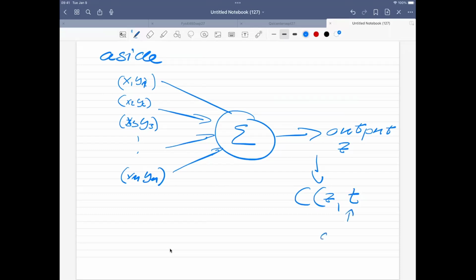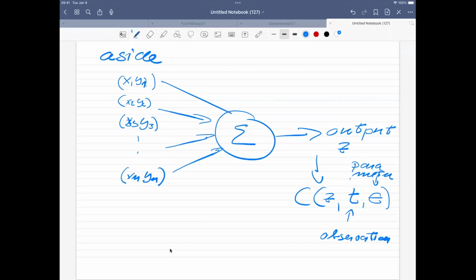So this is the observation. And then we have some parameters. And let's just call these parameters theta. So these are our parameters. Now, what we are doing is that we are calculating the gradient of this function c. And we want to optimize that gradient with respect to the parameters theta.